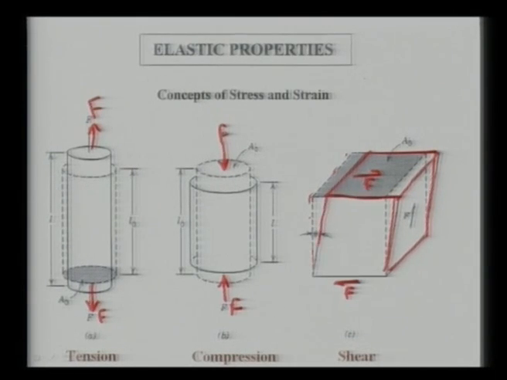What you can see is a kind of angular distortion of some faces by the angle theta, and this is a typical description of shear strain. And here again the surface area of the top face and bottom face remains the same. So from this slide it is clear to you that there are essentially three types of stresses.